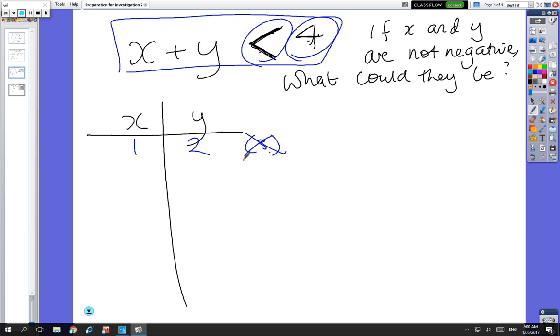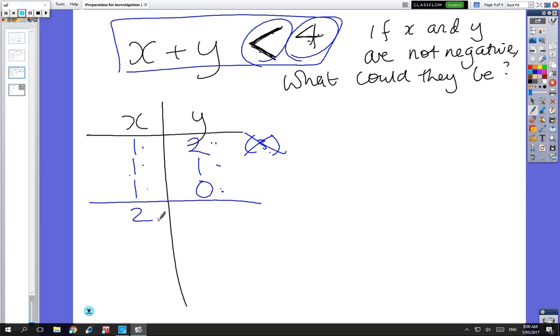So if x is 1, y is 2. Another possibility could be 1, 1, because 1 plus 1 is less than 4. 1 plus 0 is less than 4. Okay, so there's an example where just by having x equals 1, you don't have an infinite number of solutions, you only get 3 solutions. And then you could progress on.